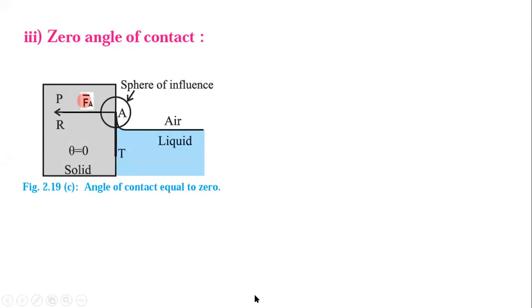So cohesive force is negligible here. Pay attention. If you see the diagram very carefully, the cohesive force is not shown in the diagram. Why is the cohesive force not shown? The reason is that cohesive force is negligible. So we can say in simple words, this adhesive force is very large as compared to the cohesive force, or cohesive force is negligible.